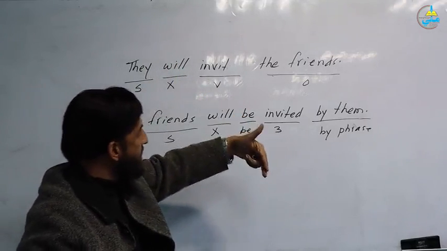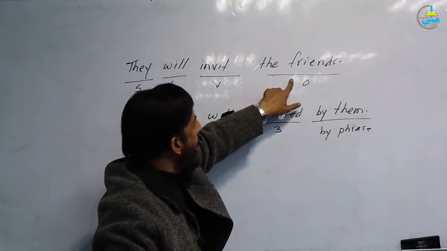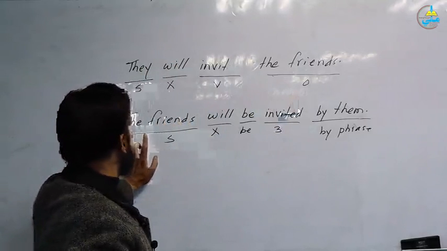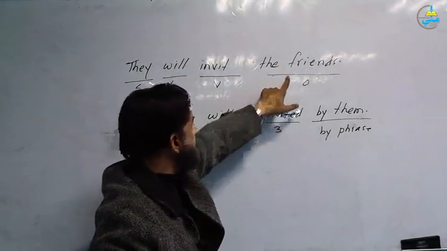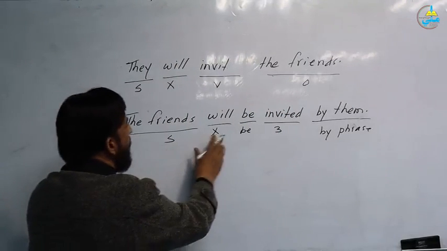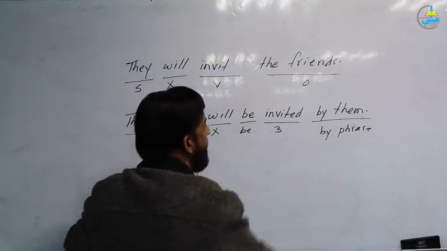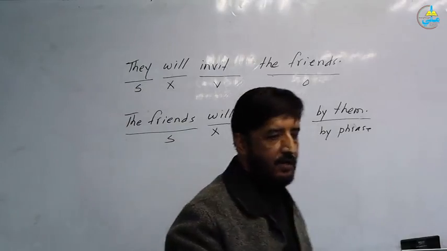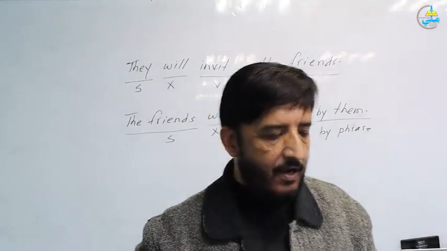When we change it to passive, we make the object of the active sentence the subject of the passive sentence. The friends will be invited by them. The friends will be invited by them.